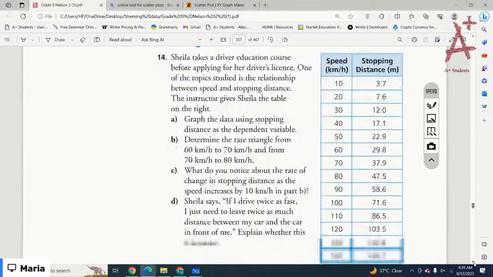If you look at the data in the given table, the speed is increasing by 10 every time, right? That means if the speed is increasing by 20 kilometers per hour, the difference is increased then, right? So that means the relationship is not linear. So this statement is not correct, right?